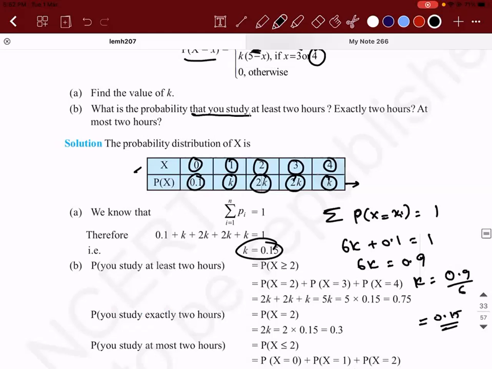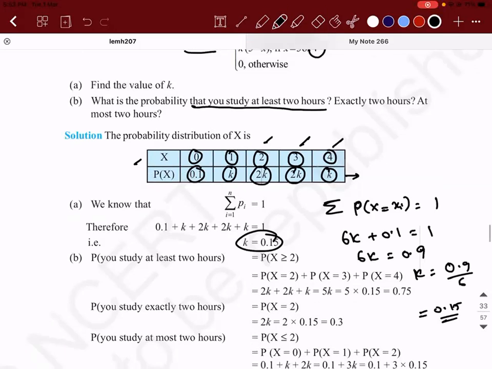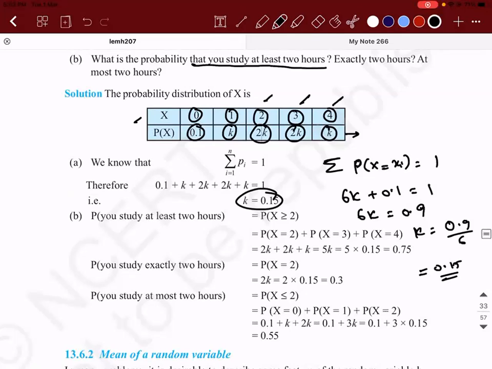What is the probability that you study at least 2 hours? When I say at least 2 hours, you can study either 2 hours, 3 hours, or 4 hours. So you add every probability. When k value is 0.15, 2 hours means it is 0.3, 3 hours means 0.3, and 4 hours means 0.15. If you add all three, you will get 0.75.